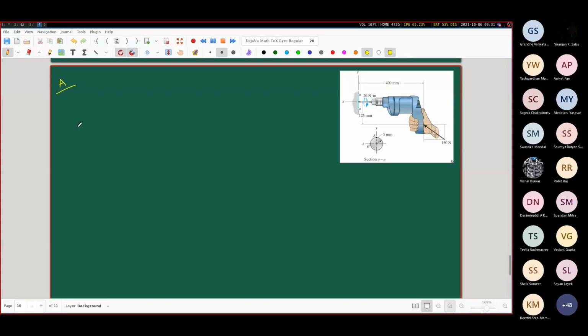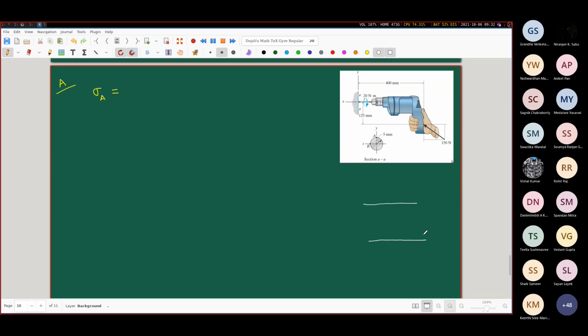Slowly we'll try to do the stresses. First of all, let us try to do the normal stresses at A. So you try to think of it like this, that we are drawing our drill bit here. Let me draw this bigger, something like this.